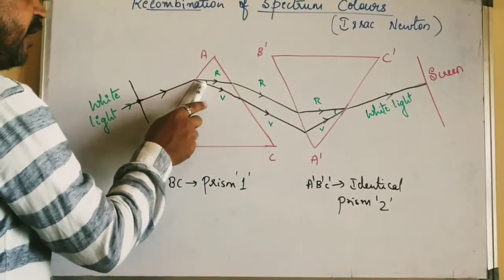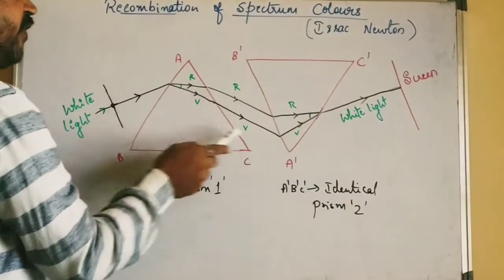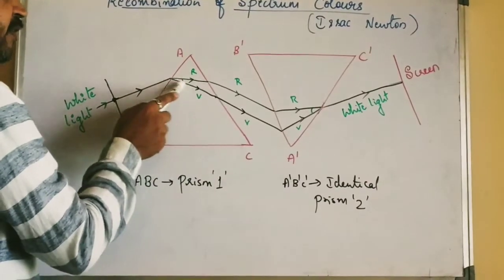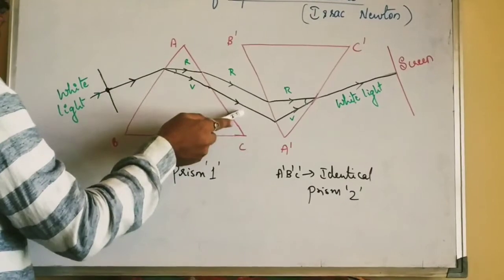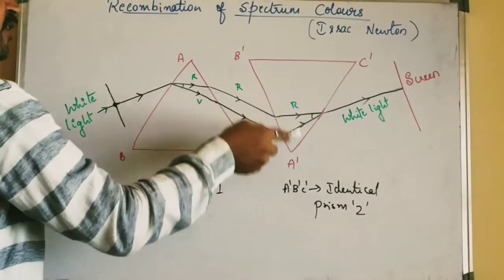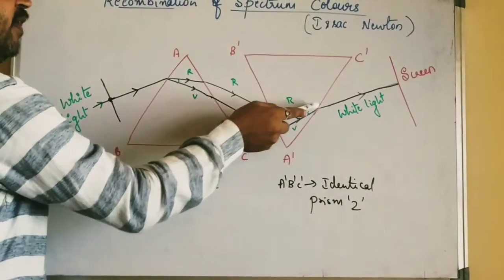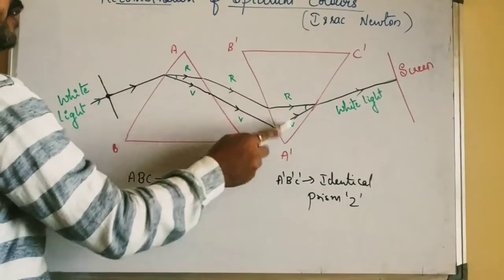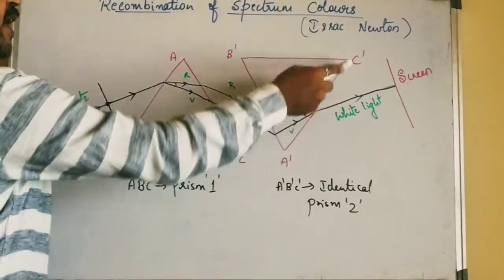With the same angular dispersion happening in the second prism, where in the first the rays diverged, here the parallel rays from violet to red, incident on the face A dash B dash of the second prism, were converging after refraction within the prism, converging on the face A dash C dash.